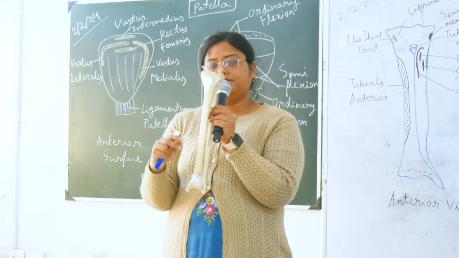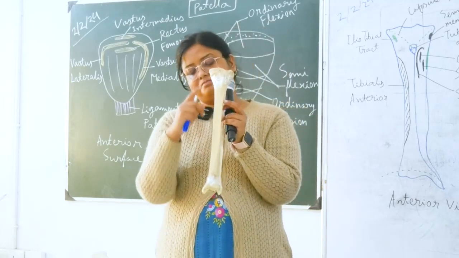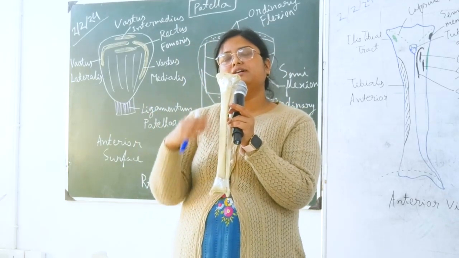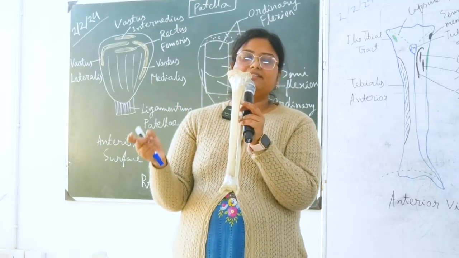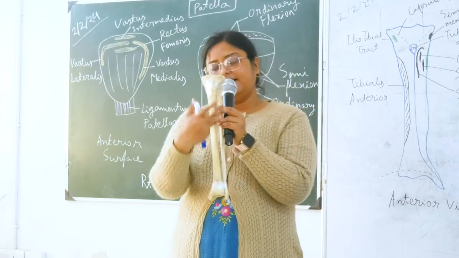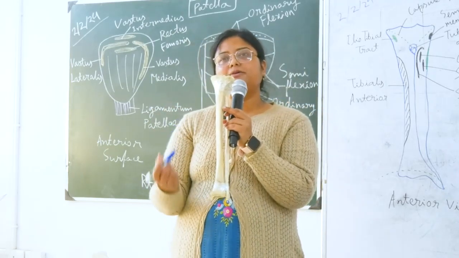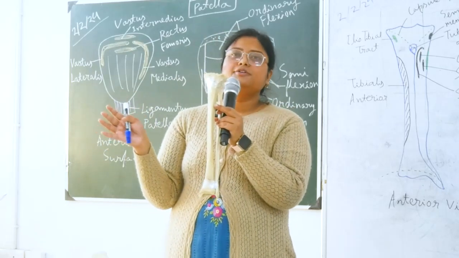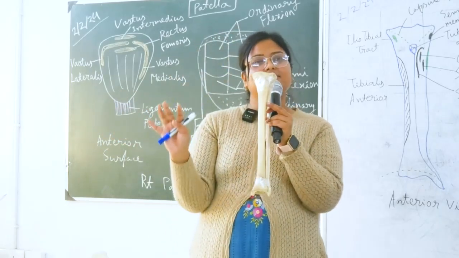Anterior border is subcutaneous. Medial border gives attachment to the deep fascia of the leg, known as the fascia cruris. And lateral border is the interosseous border. It gives attachment to the interosseous membrane connecting the two bones. So borders are covered.